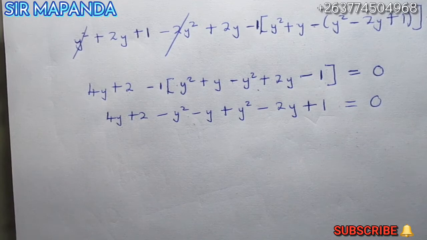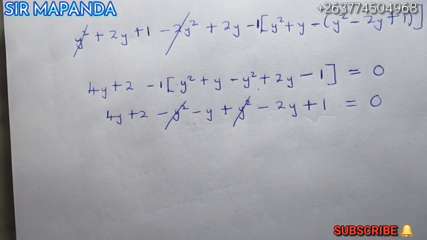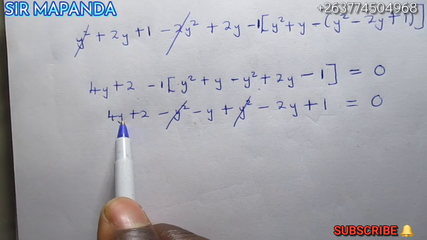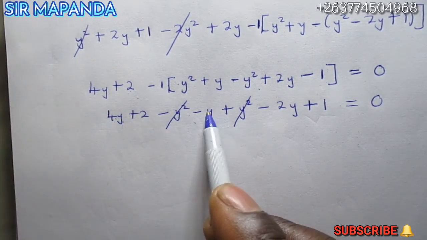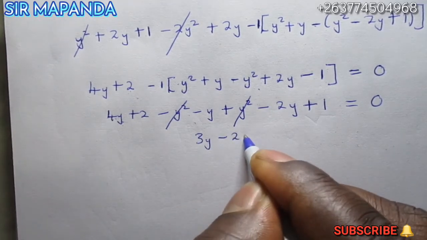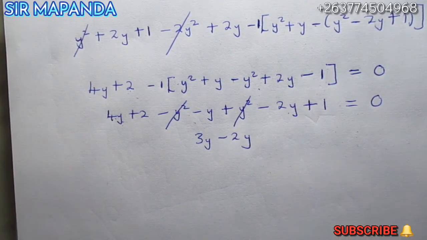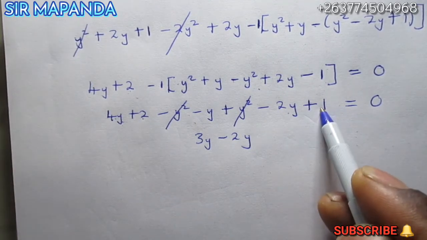I hope you are following, class, right? So minus y squared and y squared, they cancel off each other, right? So what is 4y minus y? 4y minus y, you get 3y, which is going to be less by 2y. Then 2 plus 1, what do you get?